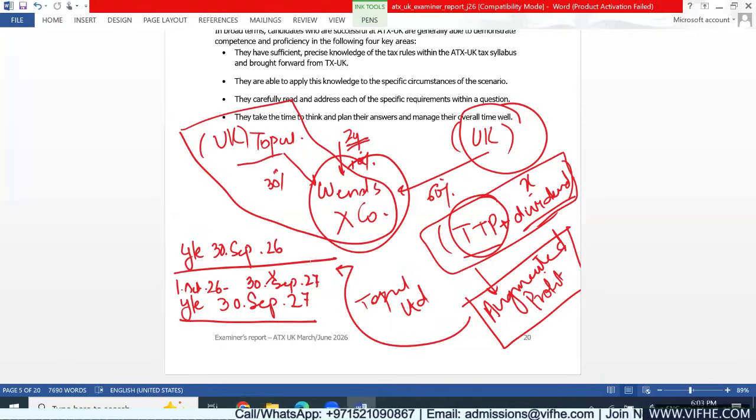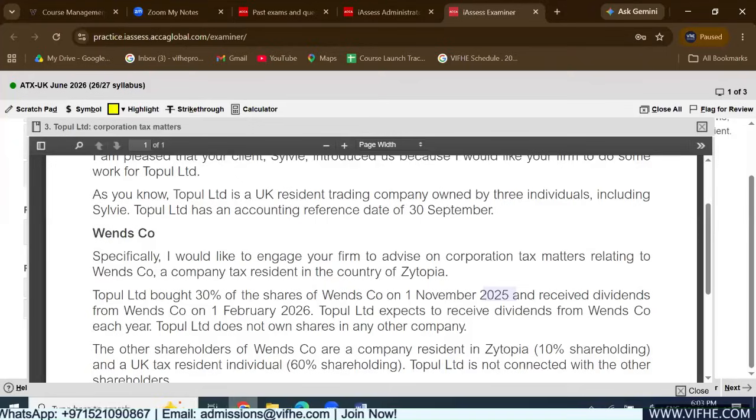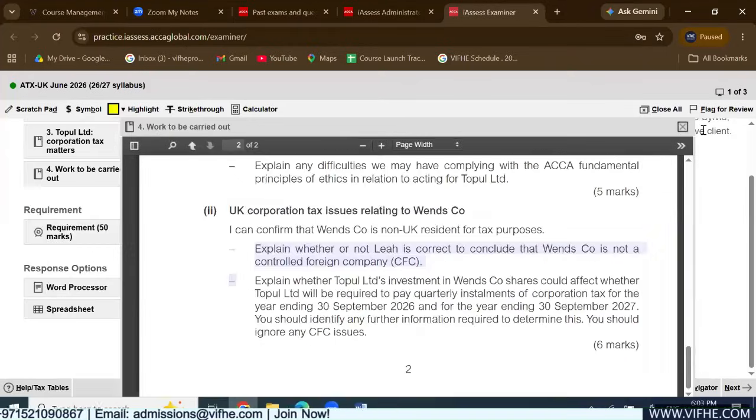But I think we need not drag this question so deep. Let's have a look at the requirement again. We need to explain whether the company's investment in Vensco would affect the fact that they'll be paying quarterly installment payments, and we showed that if it is crossing the profit threshold of 1.5 million, then yes.